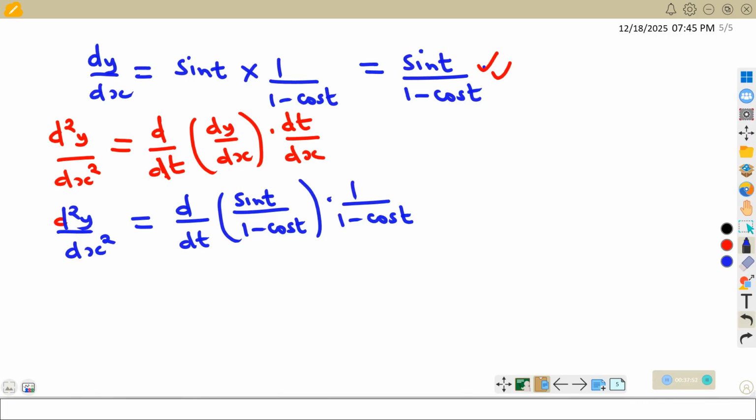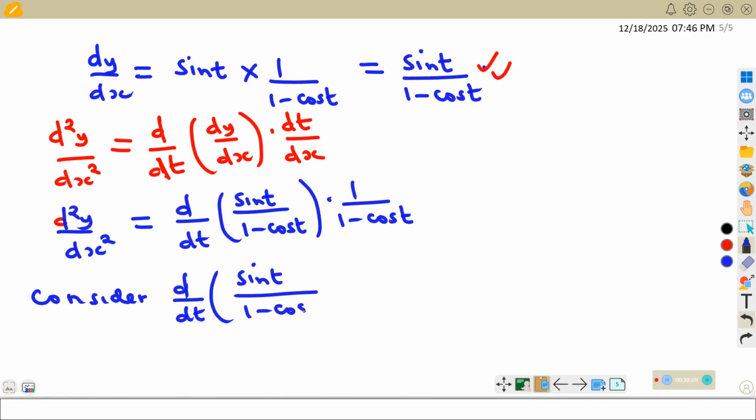Okay, so for that case, let us look at how we differentiate. Let us first consider the derivative of sin t divided by 1 minus cos t. So we shall apply the quotient rule.